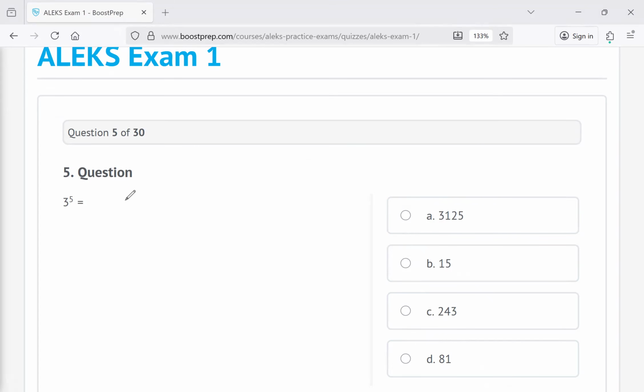But if you can't, 3 to the 5 is the same thing as 3 times 3 times 3 times 3 times 3, 5 times. So we know that 3 times 3 is 9, 3 times 3 is 9, and then times by 3.